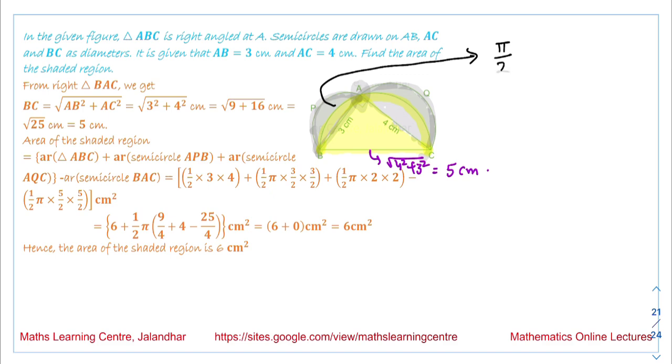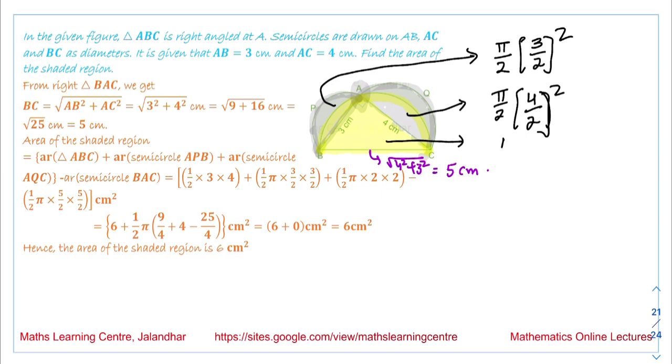The area of the semicircle is pi by 2 into 3 by 2 square. The radius is 3 by 2. Next is the area of this portion, it is pi by 2 into 4 by 2 square. Next we are talking about the area of this triangle. It is half base into height.